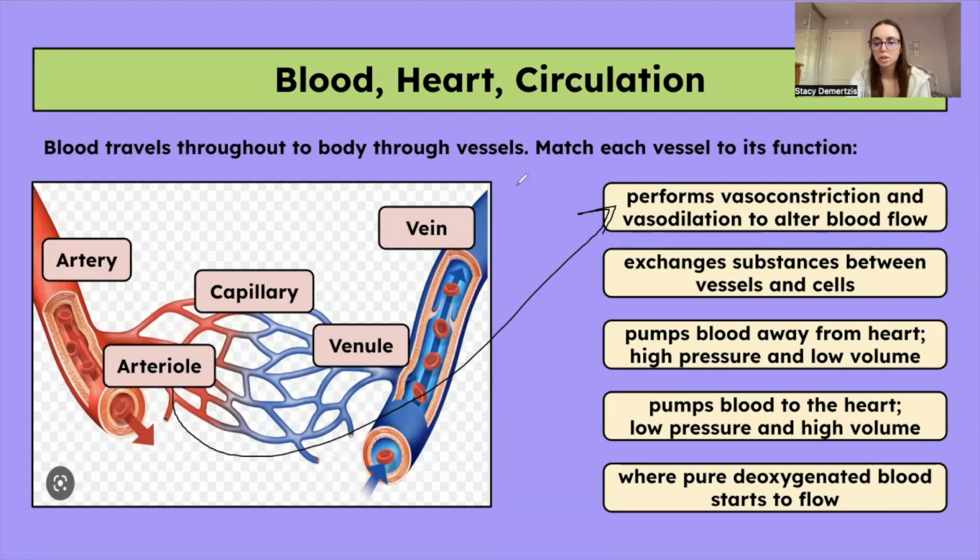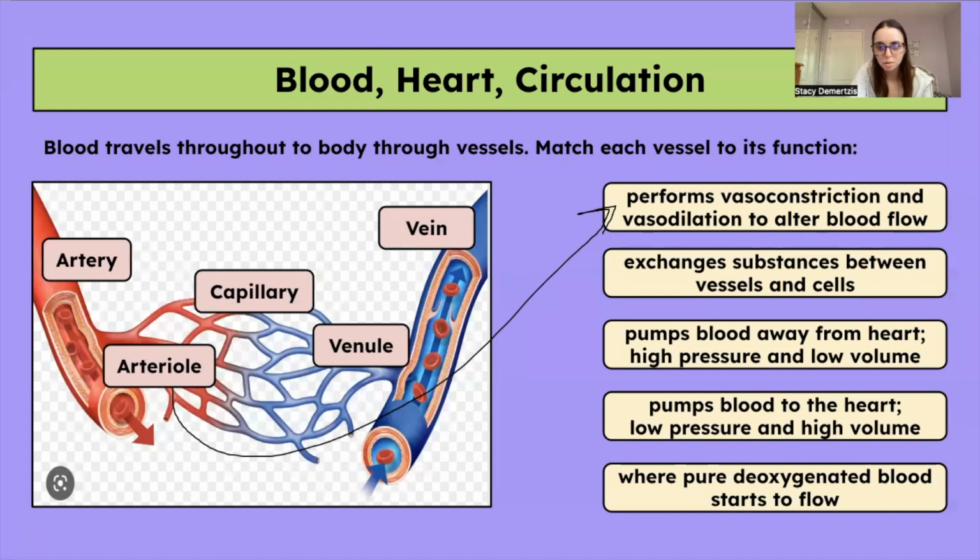Let's talk about arteries. So what do systemic arteries do? I see the third one.